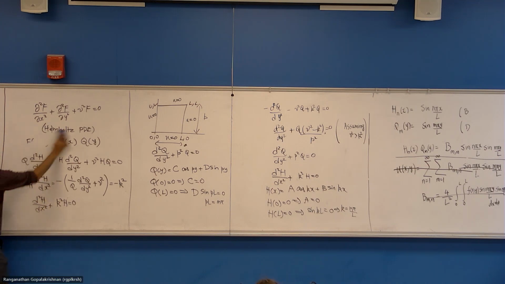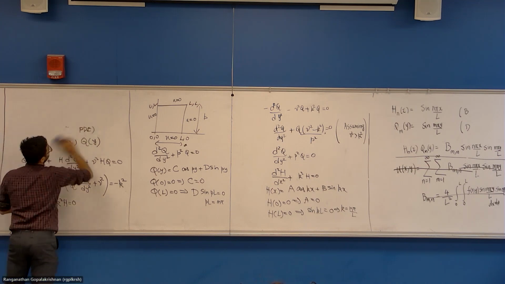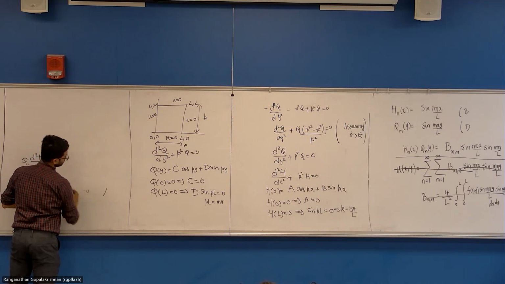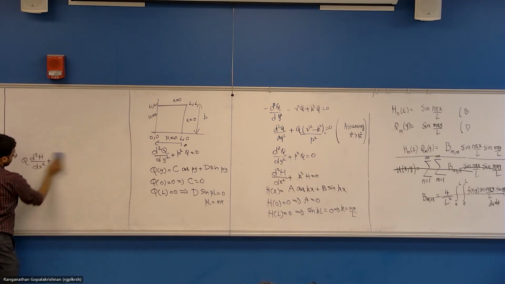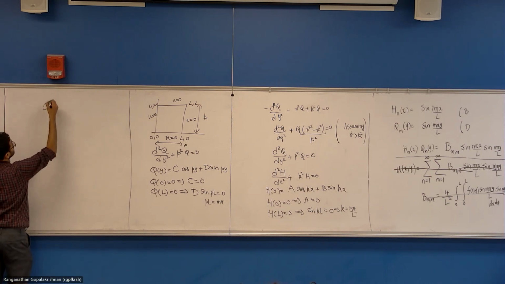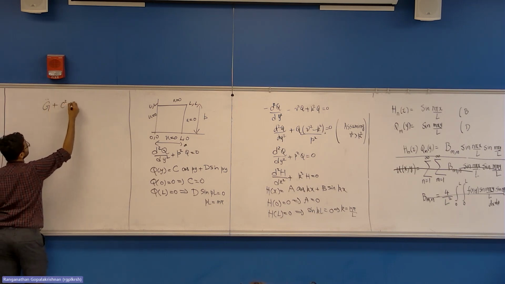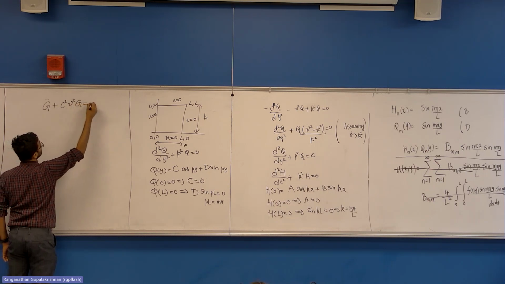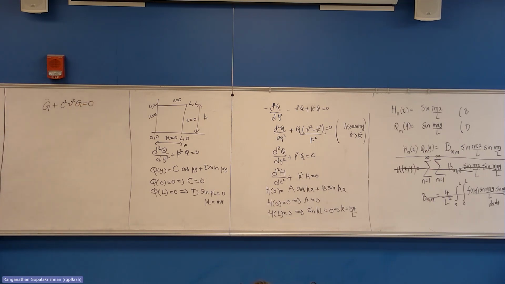Okay, so now we go back to the equation for g double dot plus c squared nu squared times g equal to 0. That is where we left it.